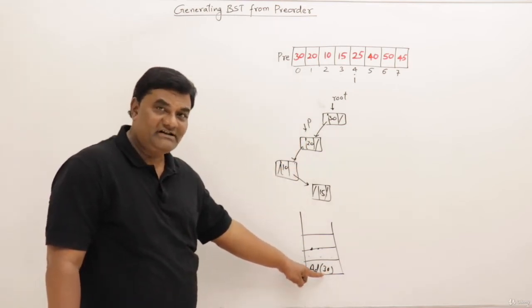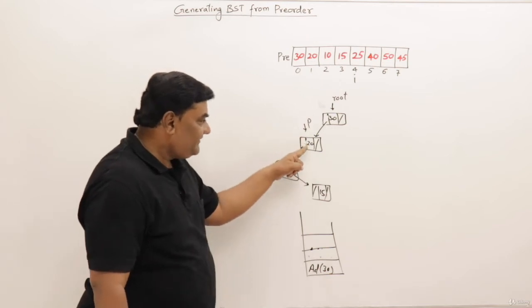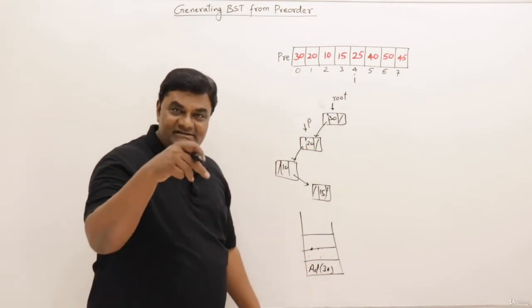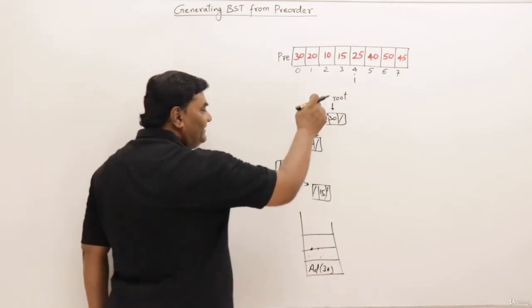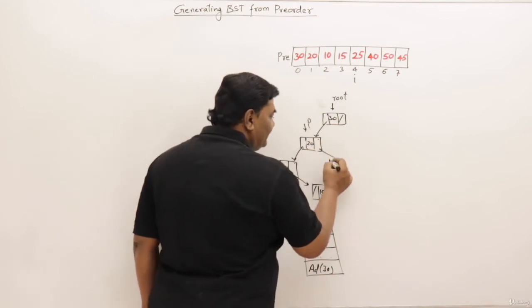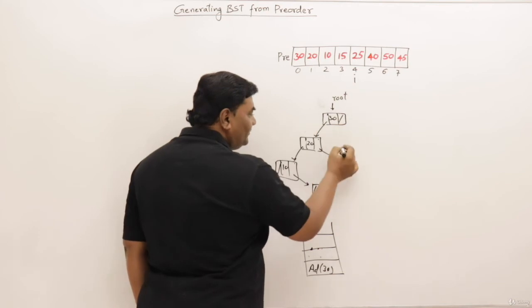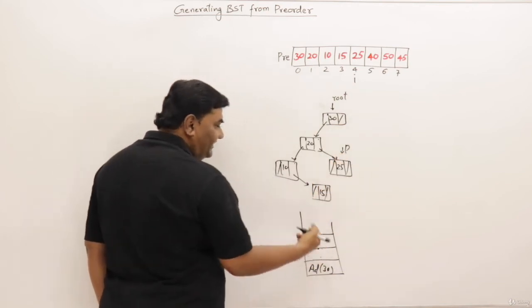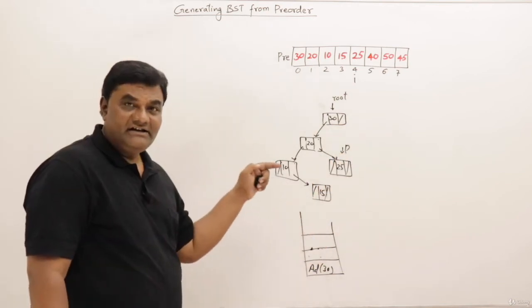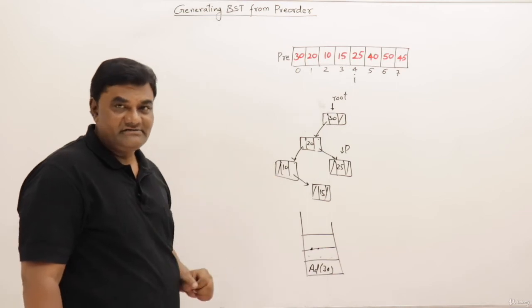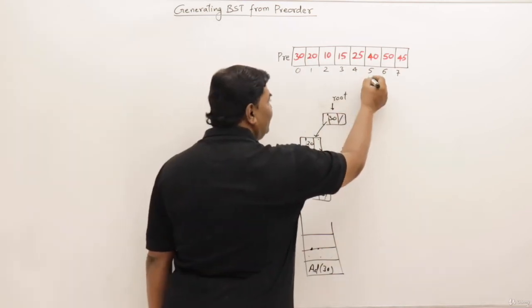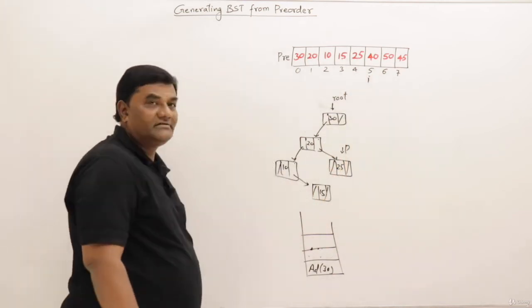The topmost node in the stack has 30. So it should be between 20 and 30. Yes, it is in between. So insert 25 on the right hand side. New node, link it, move P to the new node. Don't push that in the stack. When we are creating a right child, we are not inserting the address. Then also move to the next element because 25 is inserted.